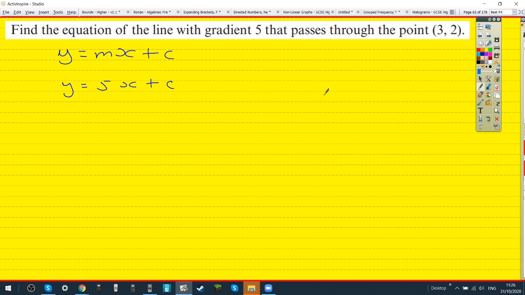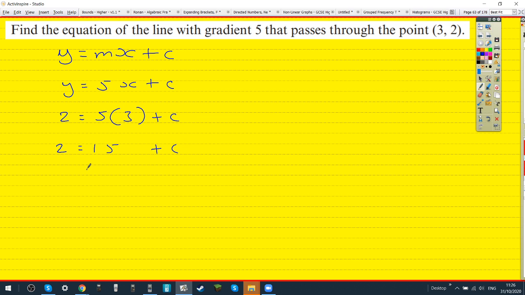Well, we know that when x is 3, y is 2, so we could use that to solve for c. So would you multiply 5 and 3? Yep. Okay, so that'd be 2 equals 15 plus c.